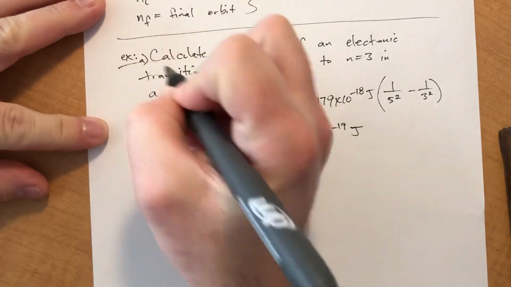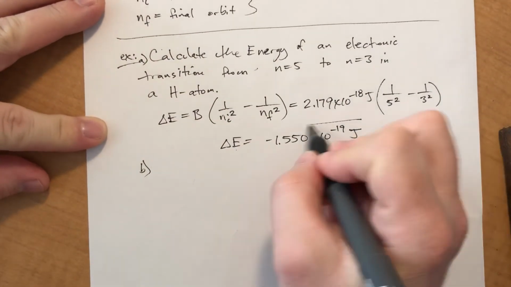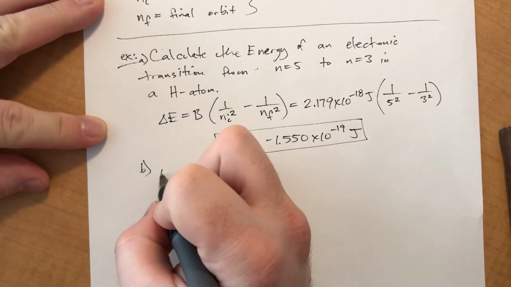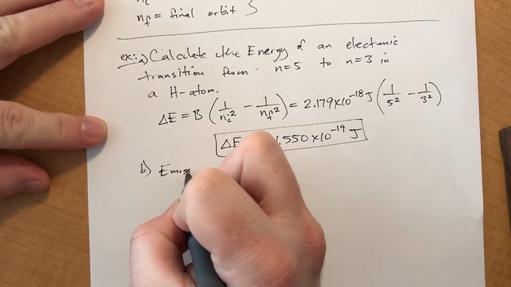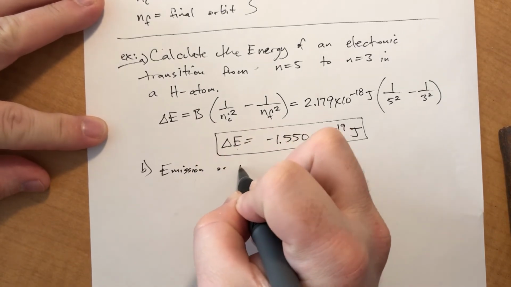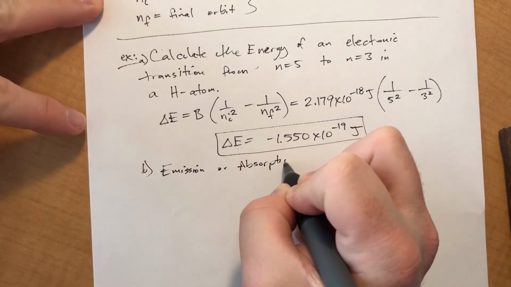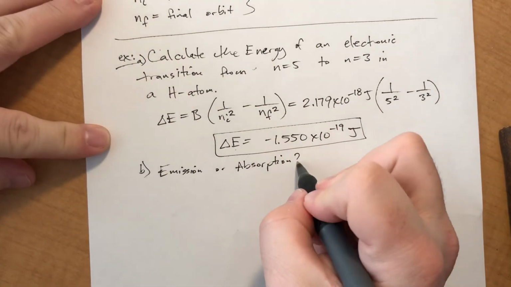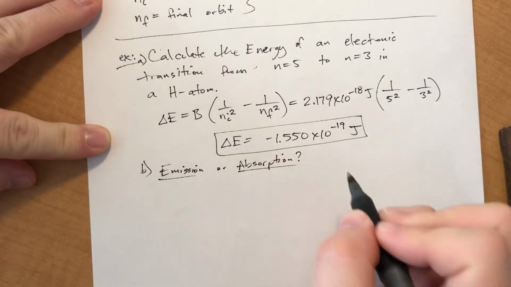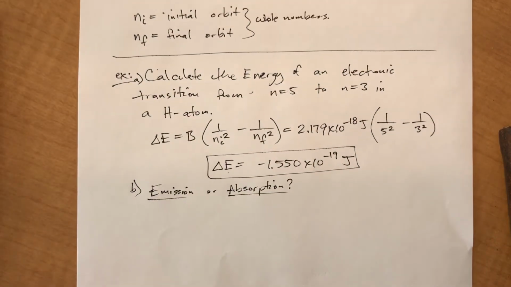So let's say that's part A. Part B: is this an emission or an absorption? There are 2 ways to look at this.